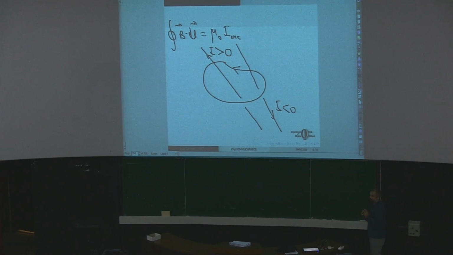These two choices should be consistent with each other. They are not free from each other. You are free to choose any one of them, but once you choose one, the sense in which you go around your loop is fixed. They are not independent of each other.